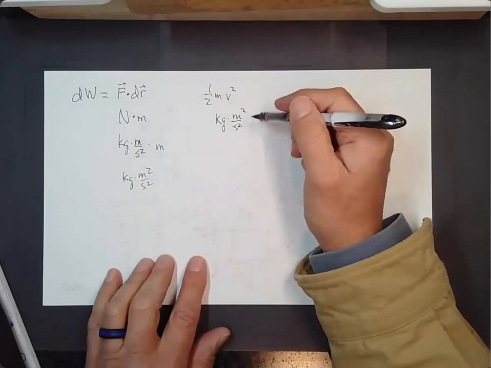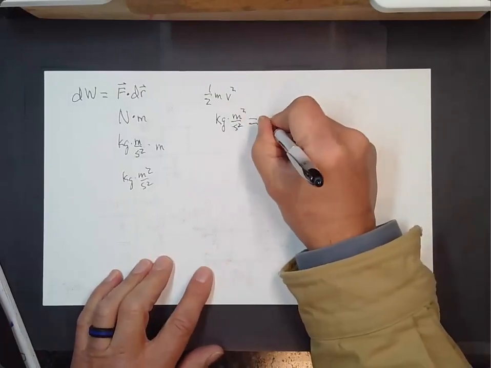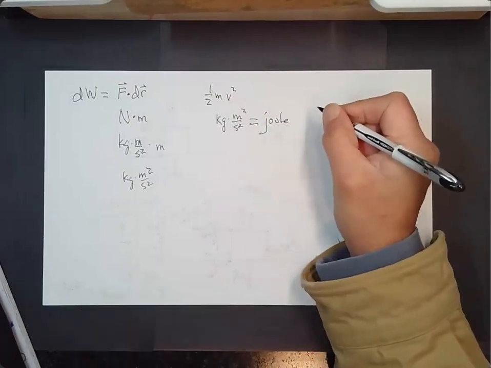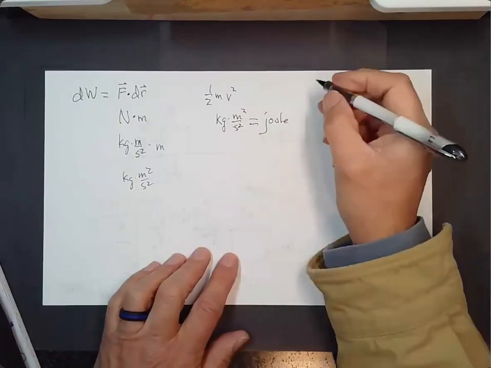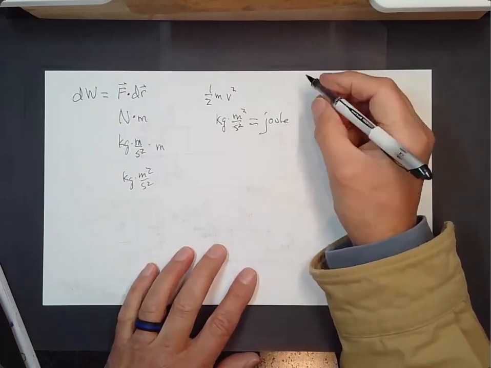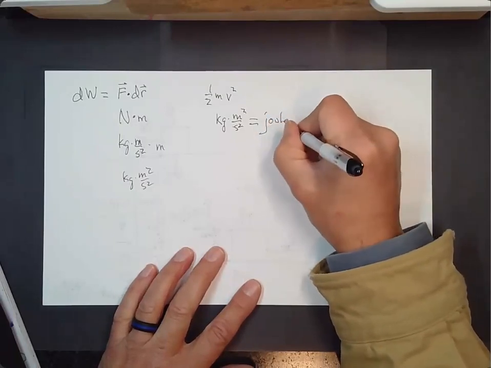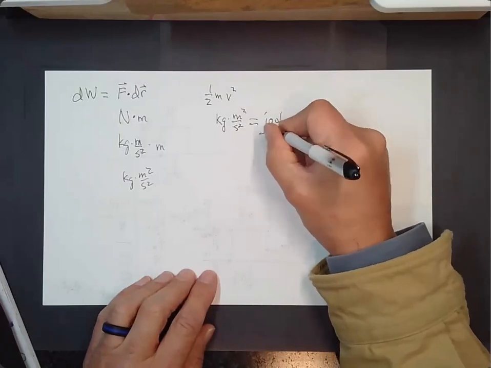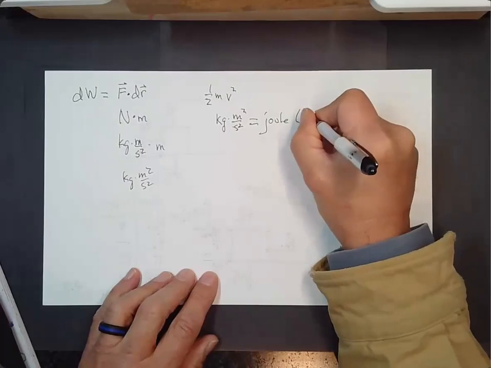And these show up so often that they're going to get their own unit. It's a joule. It's named after, I think it's James Joule, if I remember right, a guy who was doing research back in the early 1800s, maybe late 1700s. And as with the Newton, where it's named after a person, when we write out the unit, we write it in lowercase, but the abbreviation will be an uppercase thing.